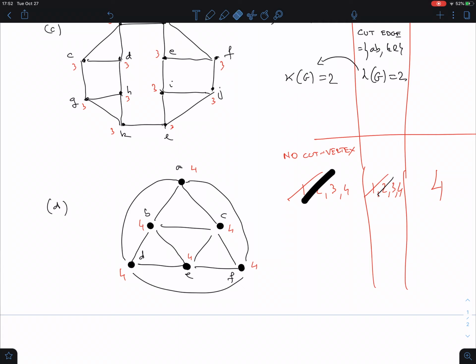Or perhaps we could now start thinking: the bigger the numbers are, the more I want to rule out 4. If I can, I want to rule out 4. Or I will have to rule out 3, one of the 2. If I rule out 4, perhaps I can already rule it out on the edge side because that's a bigger number. So is it possible to remove 3 edges to disconnect this?